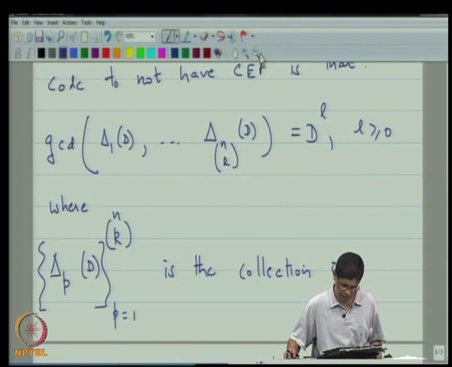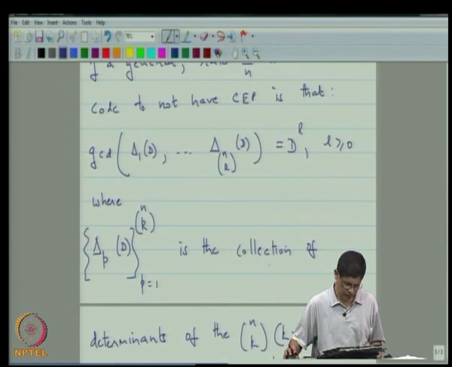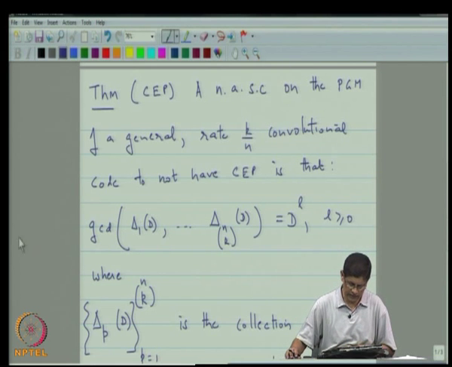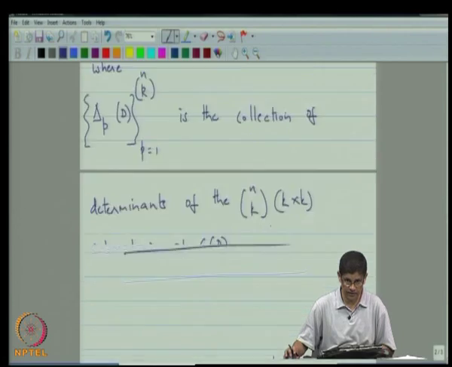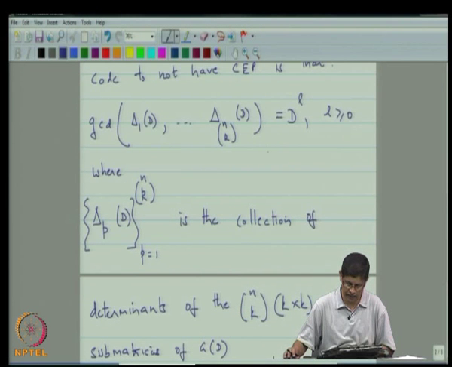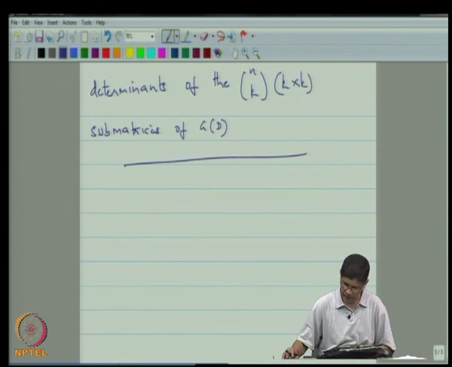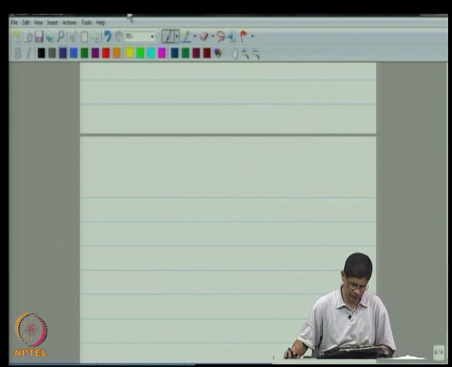So, let us zoom out a little bit. A necessary and sufficient condition is that if you look at all the determinants of the submatrices, then their GCD will be D to the L. I think it will become clear once we look at an example.